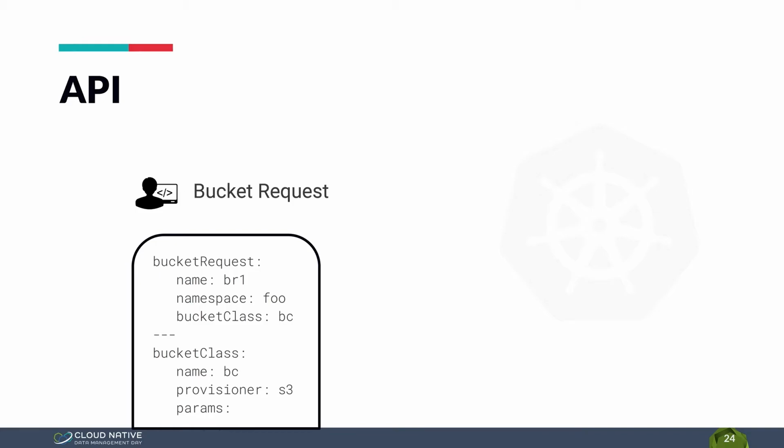A bucket request, if you notice, has a name, a namespace, and a bucket class. Now, the namespace, I've put it here deliberately to show that the bucket request is actually a namespace resource. Since it is a namespace resource, let me take a step back and explain why it's important for it to be a namespace resource.